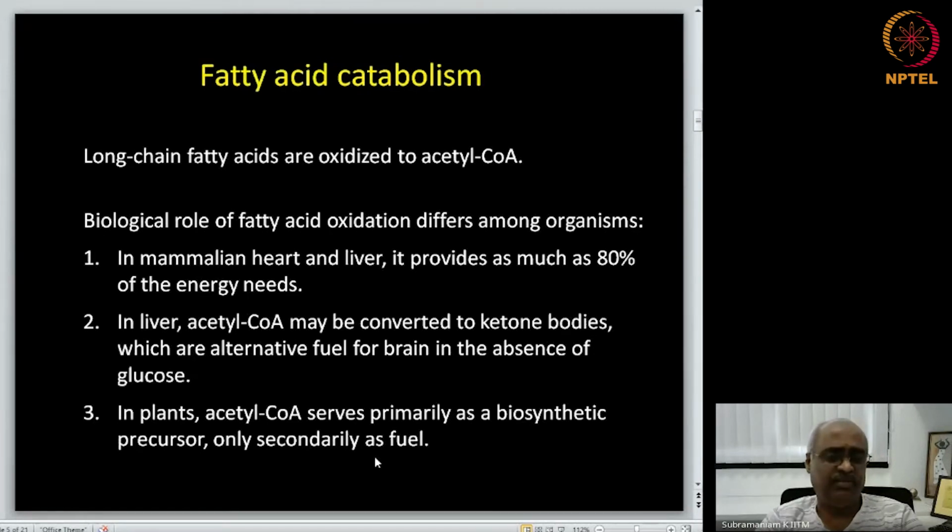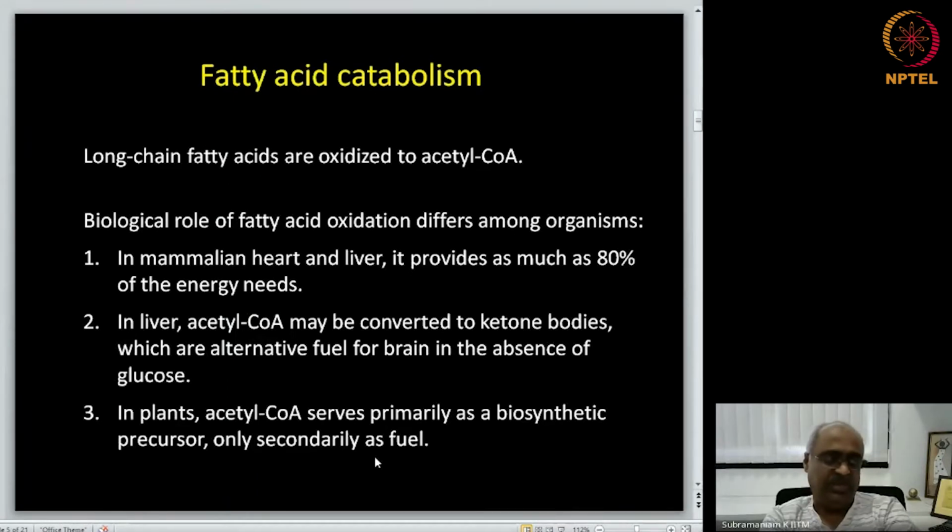So here, for our purposes and our exam point of view, we are staying away from those details of amino acid synthesis and degradation. So now let us turn our attention to fatty acids.